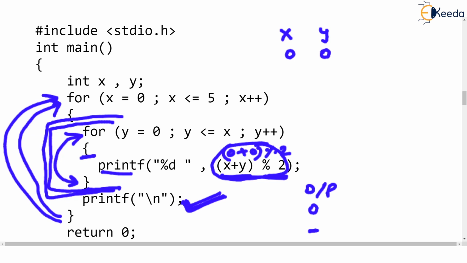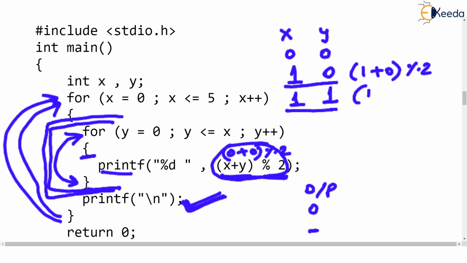Now what will happen when x is 1 next time? In the for, the inner loop y will count as 0 and 1 because y goes from 0 to x. And for each of these x and y, we are printing (x plus y) percent 2. Here again, (x plus y) percent 2. Now this is 1 % 2, and 1 % 2 is 1.